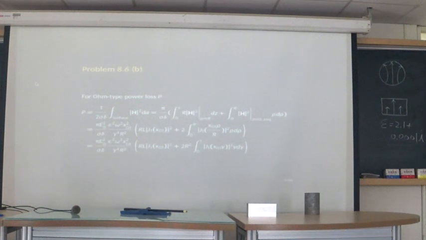And for the Ohmic power loss, we need to find the induced current at the surface and integrate. After the calculation, we find that the power loss depends on these coefficients times another geometric factor.